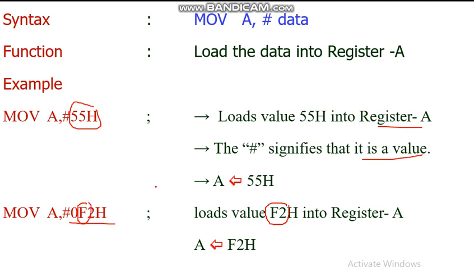So in hex we have A, B, C, D, E and F as digits. So this 0 indicates that anything after 0 is the data and not an alphabet. That's why we always write 0 before any alphabet. If it is simple digit, no need to write 0.